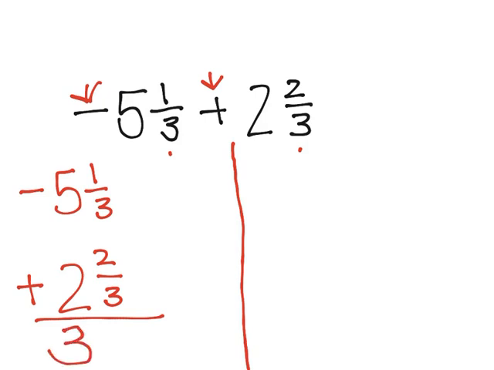Then I notice that my denominators are the same, so I'm going to bring them over. And I'm going to subtract 1 minus 2, but that's a problem. I cannot take 2 from 1. If you have $1, there's no way that I can take 2 from you. So I'm going to have to borrow from the guy next door.